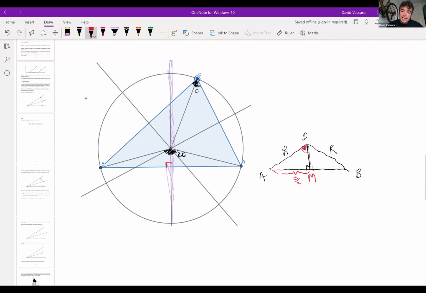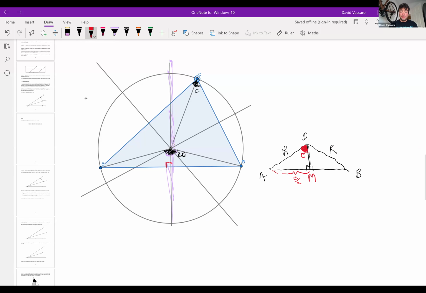What's this angle ADM equal to? Well, that angle ADM is just cutting the angle 2C in half. Okay. Now, if the whole angle is 2C, angle ADM is going to equal C.